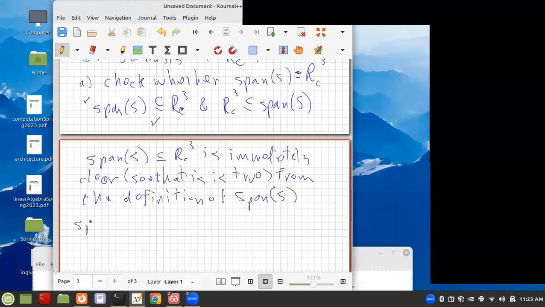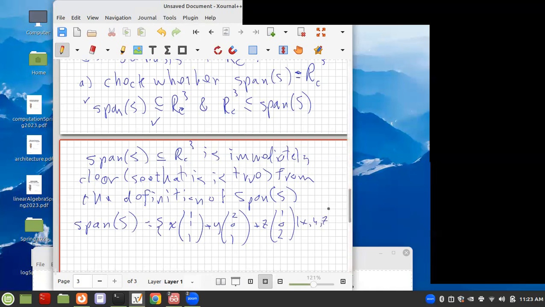But once you realize that the span of S equals the set of, say, x(1, 1, 1) plus y times (2, 0, 1) plus z times (1, 0, 2), with x, y, z members of R, you can see that any one of these is going to be a three-component vector.